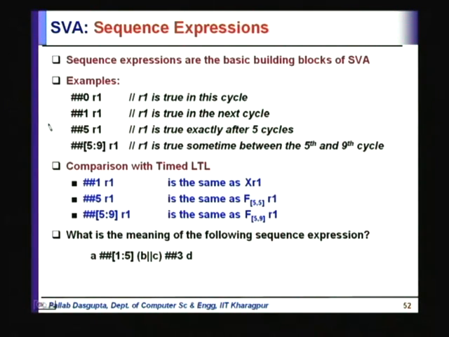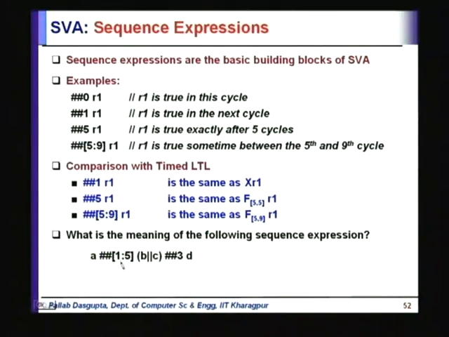It says A followed by B or C, and that B or C should hold sometime between the 1 to 5 cycle, and wherever B or C holds, from that after 3 clock cycles D should hold, right.